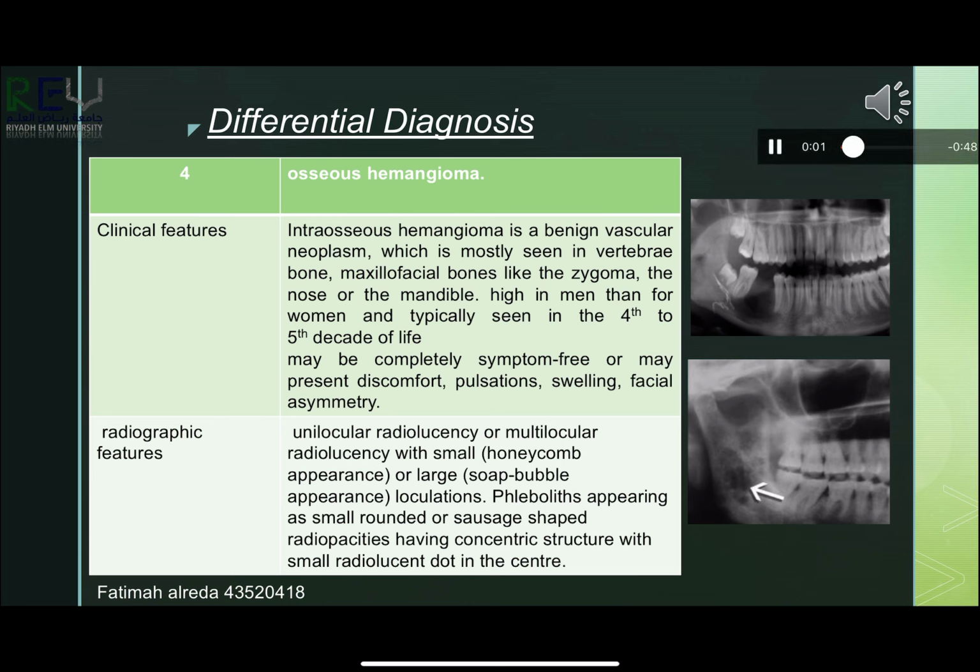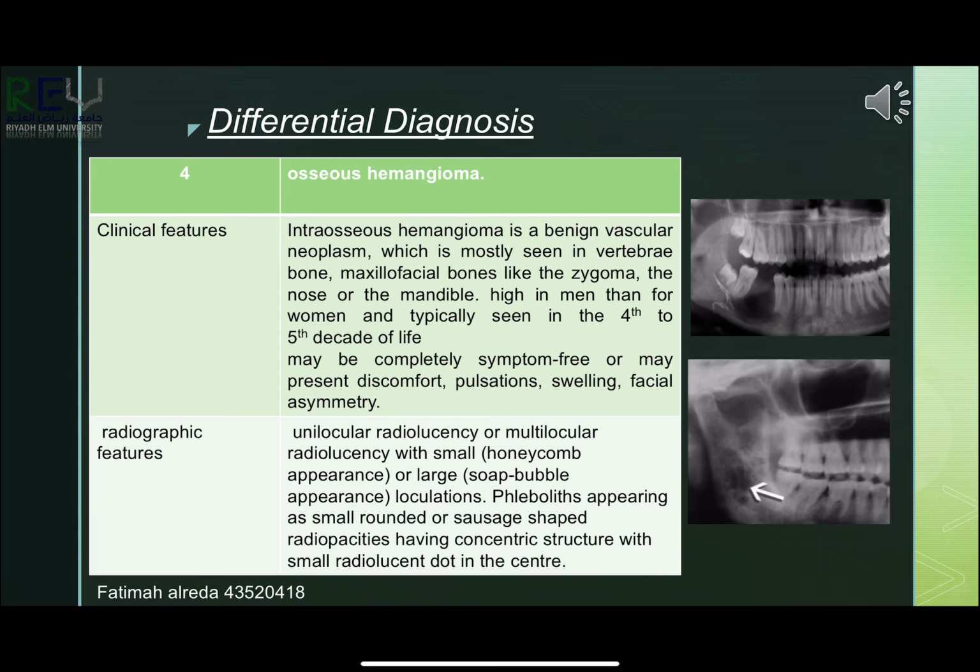Then we have osseous hemangioma. It is a benign vascular neoplasm which is mostly seen in vertebral bone and maxillofacial bones like the zygoma, the nose, or the mandible. It is seen in men more than women and typically in the 4th to 5th decade of life. It may be completely symptom-free or may present discomfort, pulsation, swelling, facial asymmetry.